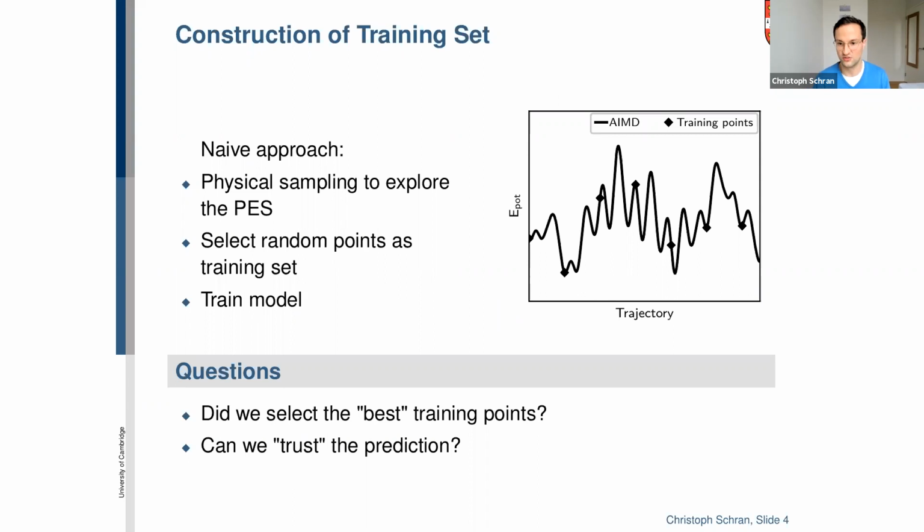But the questions that should immediately pop up are whether you are really able to select the best points by such a random approach, or whether you can really trust the models that you train, because you just get what you do, and you have no real estimate of how good your prediction is.